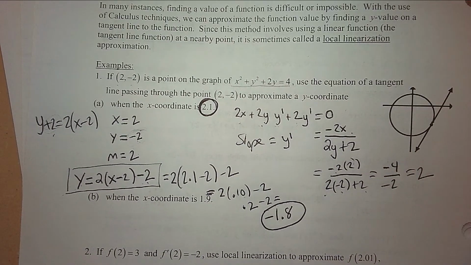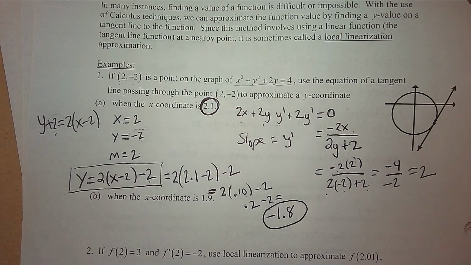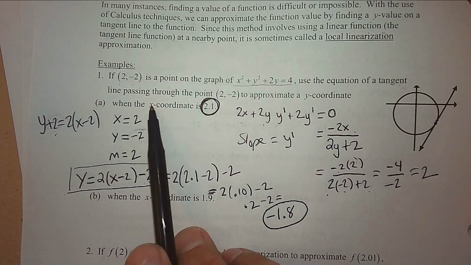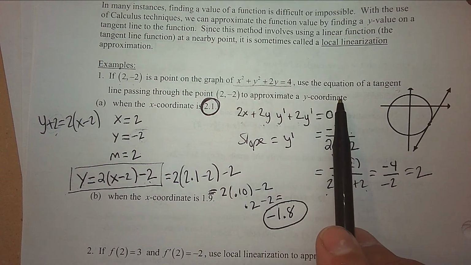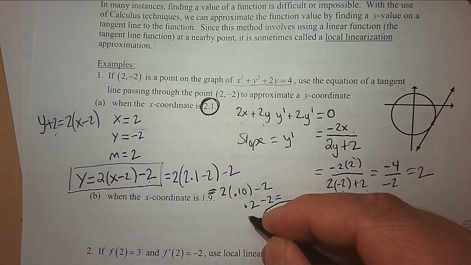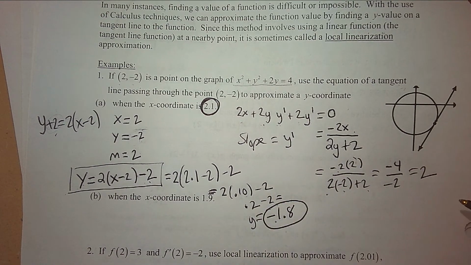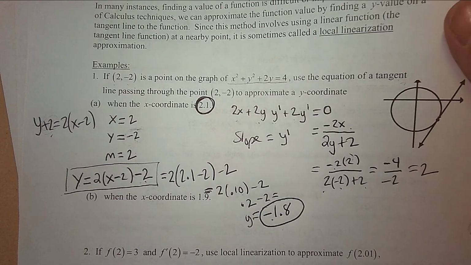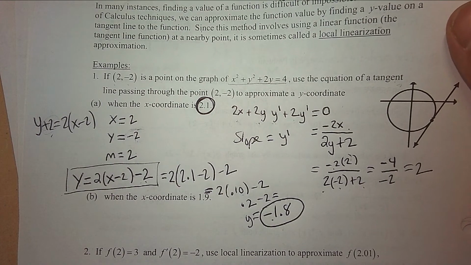The big picture is you find the equation of the tangent line, the equation of a line, and then whatever you're trying to approximate, that's what you plug into. You plug into the line, right, to find what the y value is. So it says use the equation of a tangent line passing through that point to approximate the y coordinate at 2.1. So what is the y coordinate at 2.1? The approximate answer is negative 1.8.